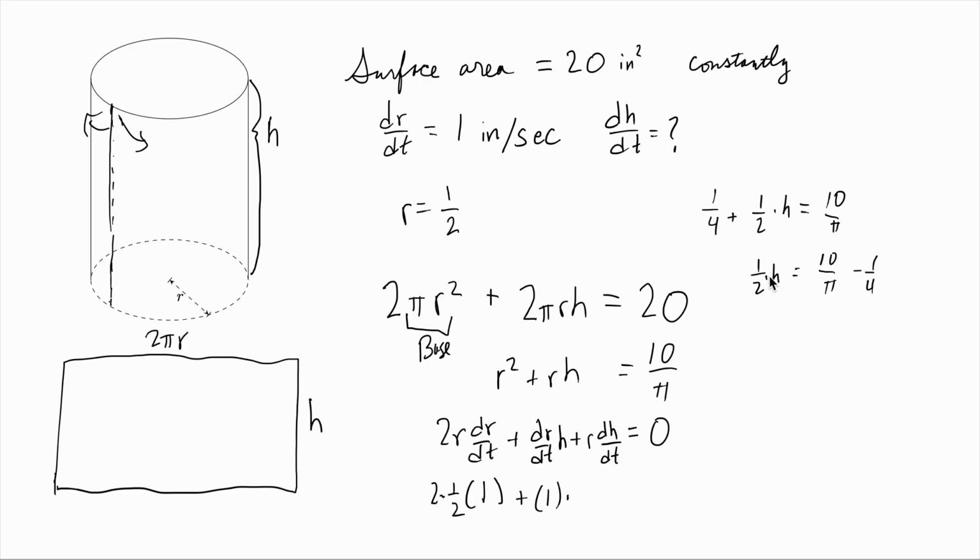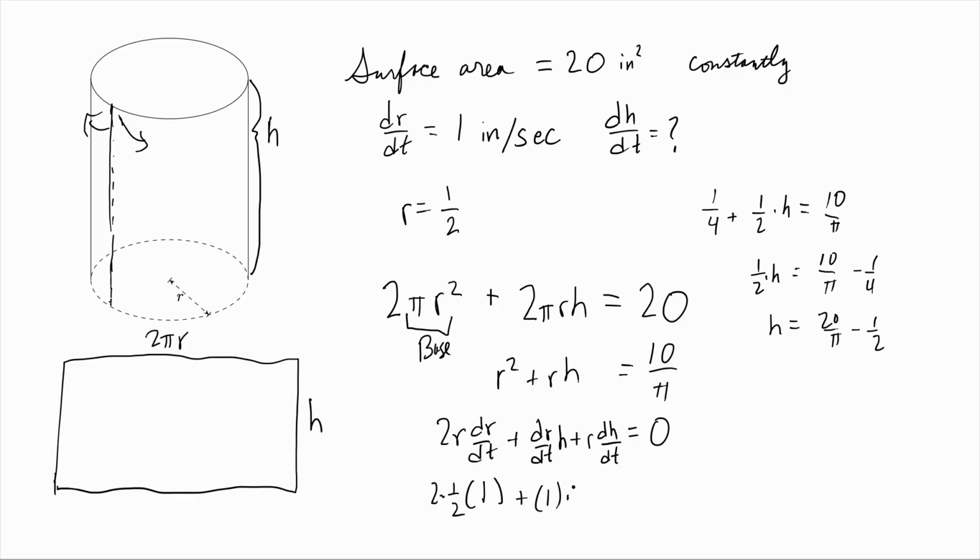Then multiplying both sides by 2, you just get h on this side, and then you get 20 over pi minus a half. I distributed the 2 through in the multiplication. It'll be 20 over pi, and 2 quarters is a half. All right, so just a half shy of 20 over pi is h at this moment.